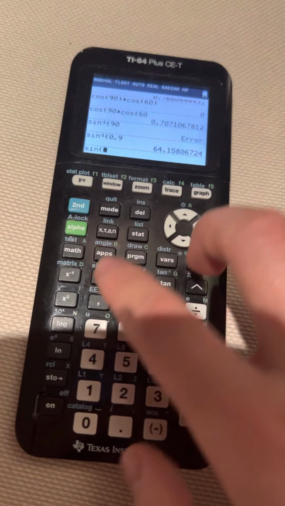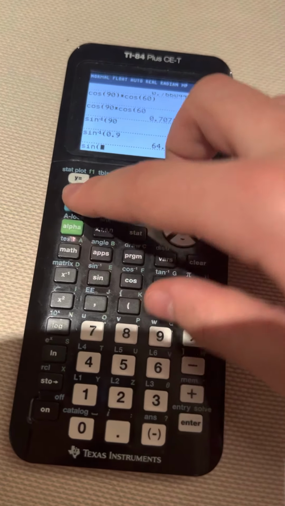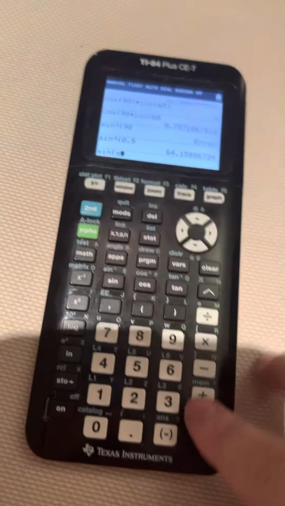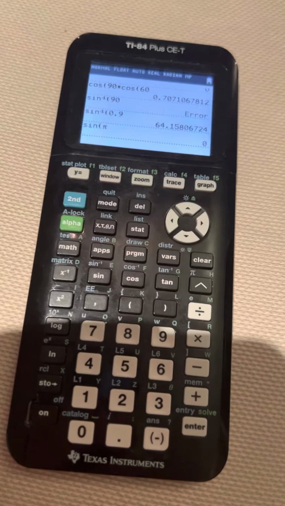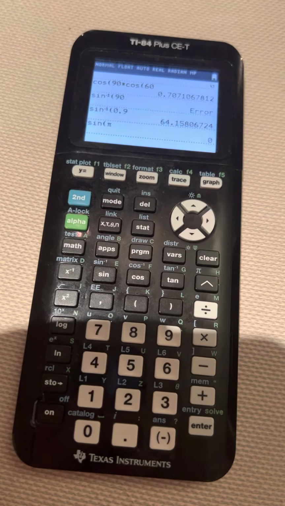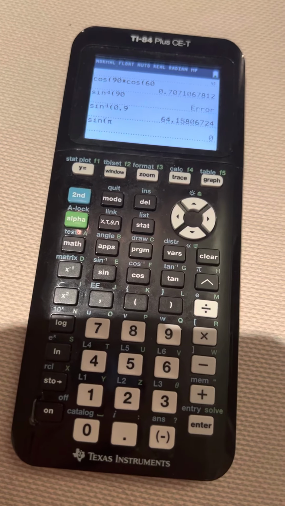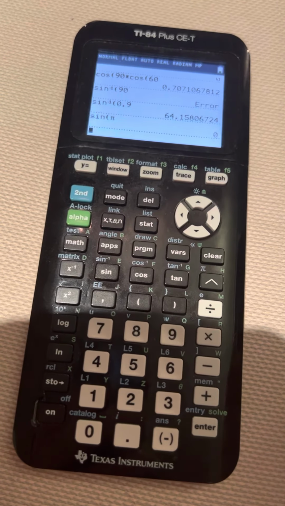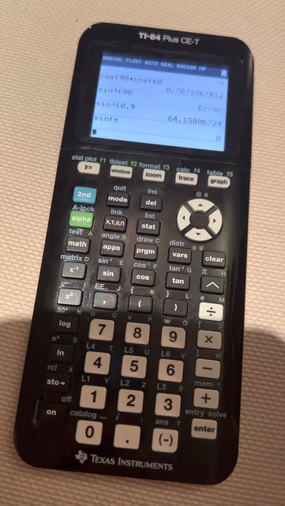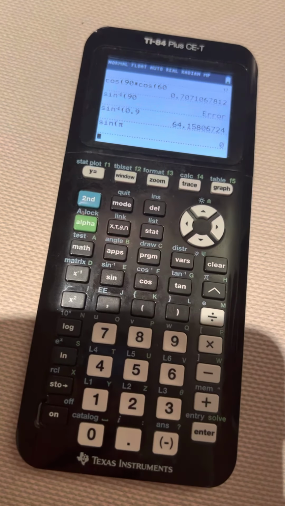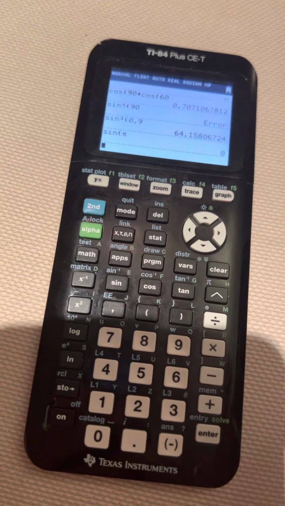For instance, sine pi, which is 0, because pi is 180 degrees, and as you know, sine 180 is 0. Like in degree measures, pi is 180 degrees, and that is what it gives you as an answer.